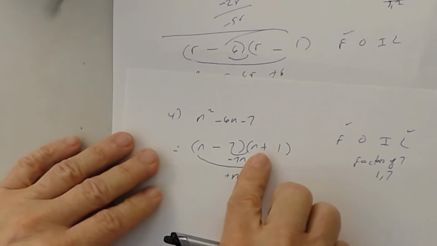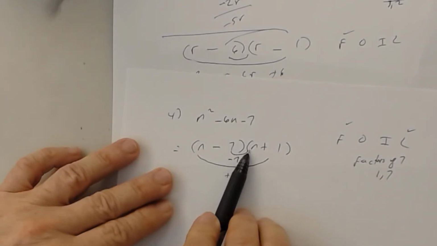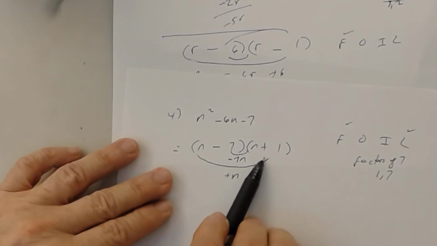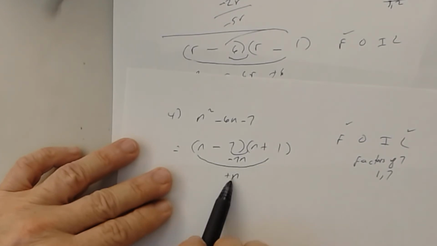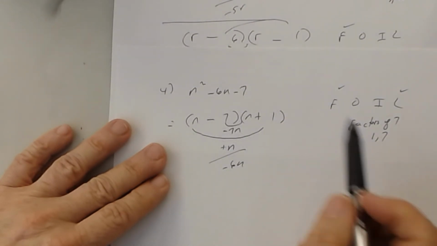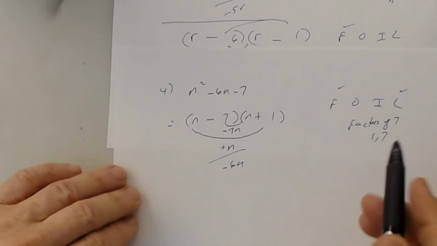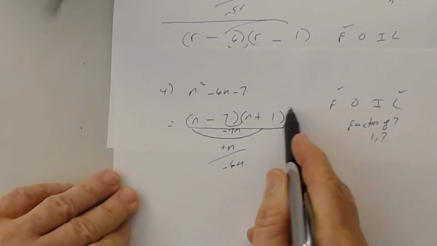You just fix it. So what's n times n? N squared. What's the outer? N. What's the inner? Negative 7n. When I add them up, what do I get? Negative 6n, which is what you wanted. And then the last, what's the negative 7 times a positive 1? Negative 7. So there's your answer.